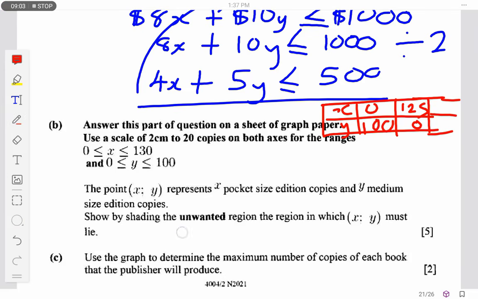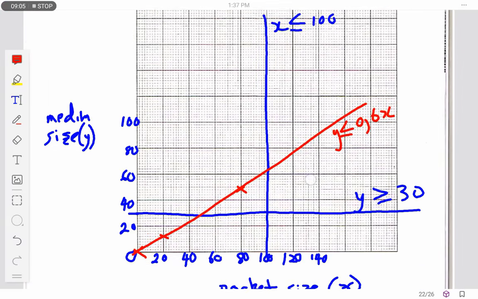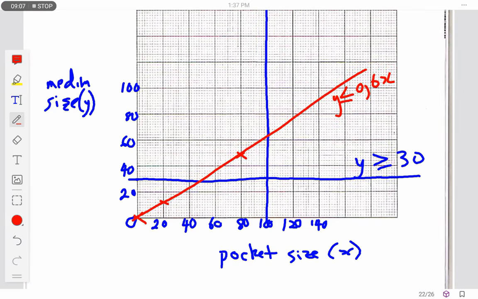Okay, let's draw this one now. Let me just change the color. So we have 0 and 100, x is 0 and y is 100, so that's this point here. Then we have another point where y is 0 and x is 125.